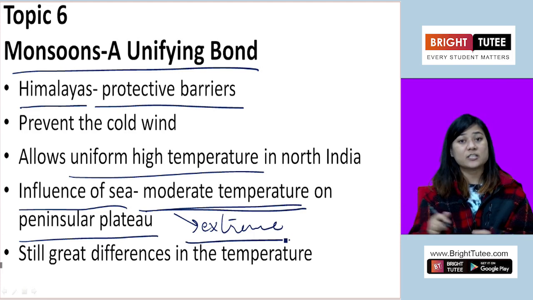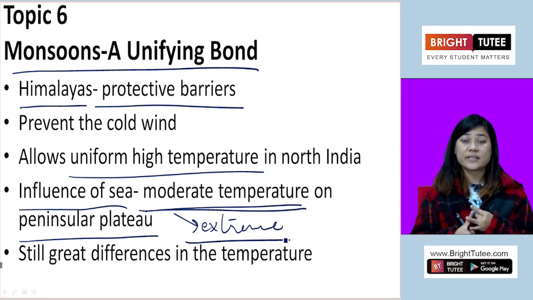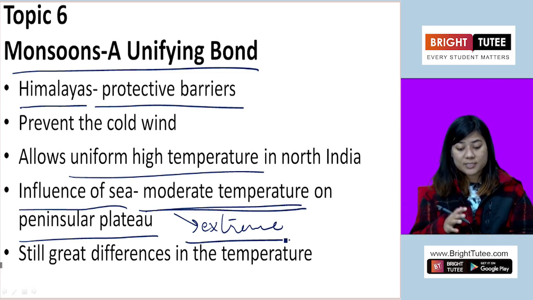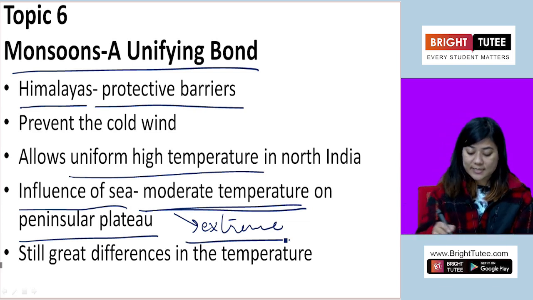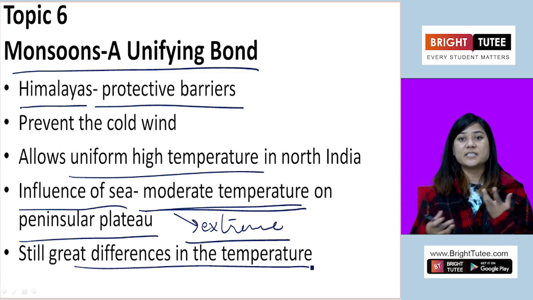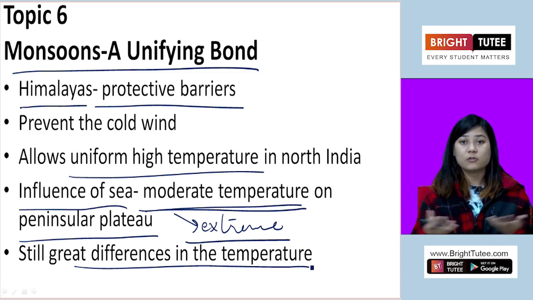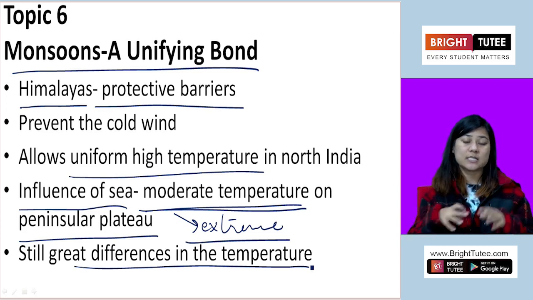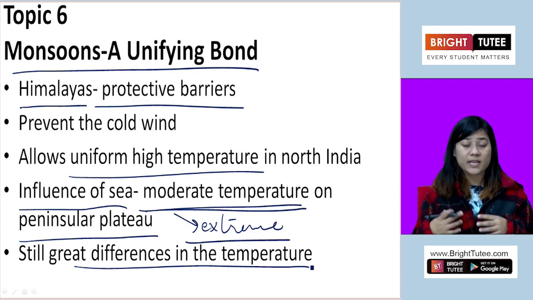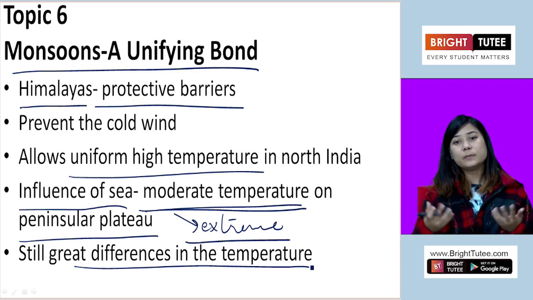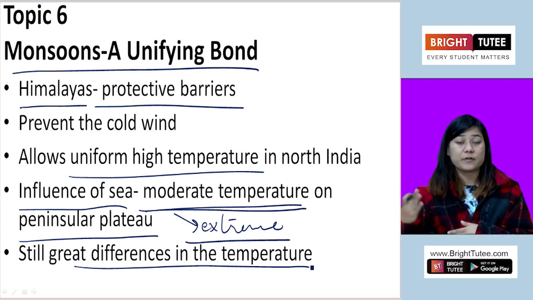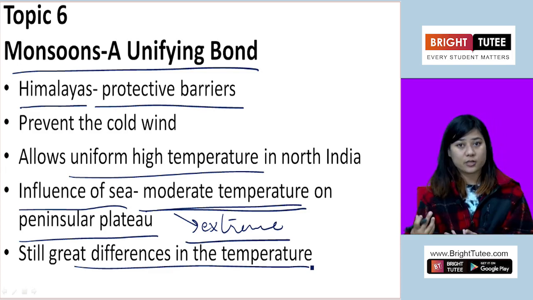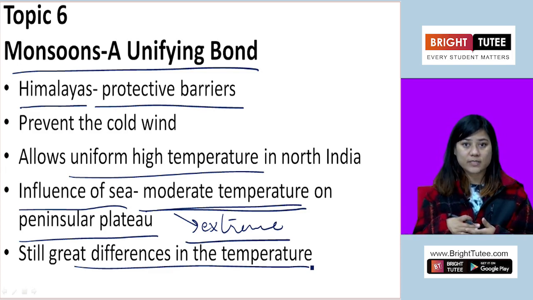It does not have extreme cold, it does not have extreme heat. Okay, but despite this, there are still differences in temperatures all across the country. The temperature recordings of each state are different from one another. Meaning that all the parts of the country still have different weather conditions depending on where and how they're located, or what is influencing them.